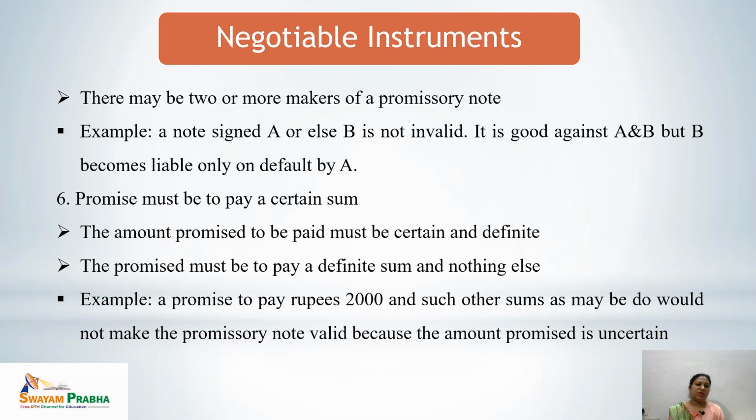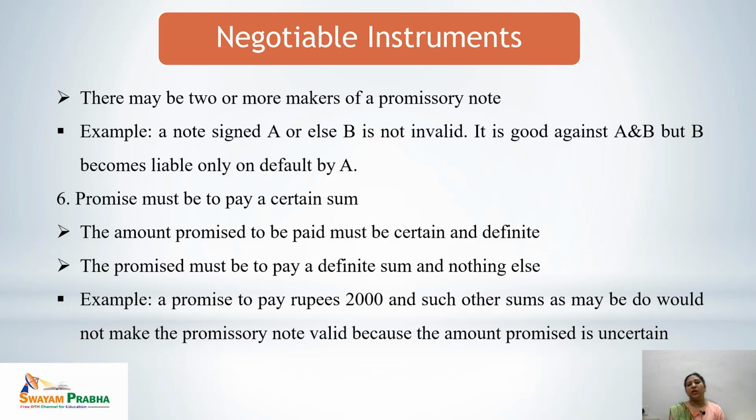The next essential is the promise must be to pay a certain sum. The payment which is to be made in future must be certain and definite. The promise must be to pay a certain sum and nothing else. Let's see the example. A promise to pay rupees 2000 and such other sums as may be due would not make a promissory note valid because the amount promised is uncertain.